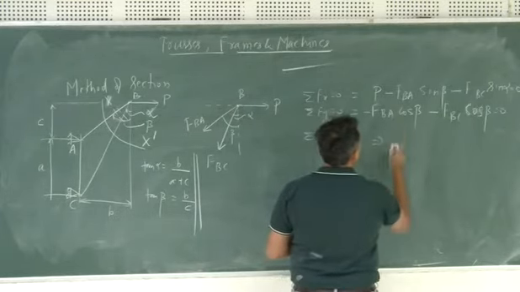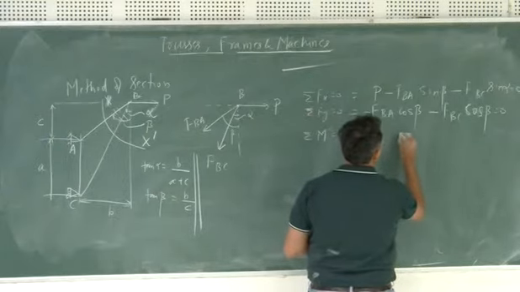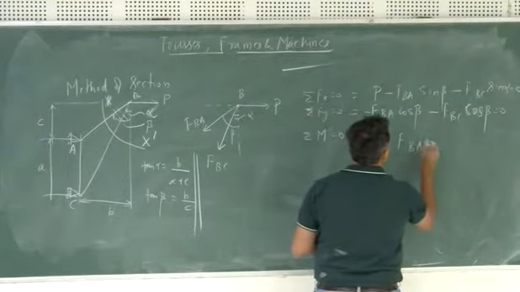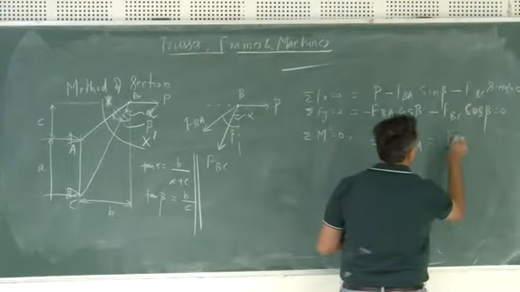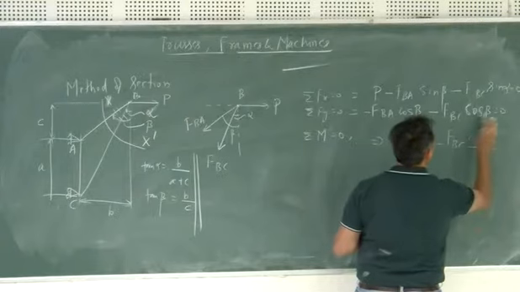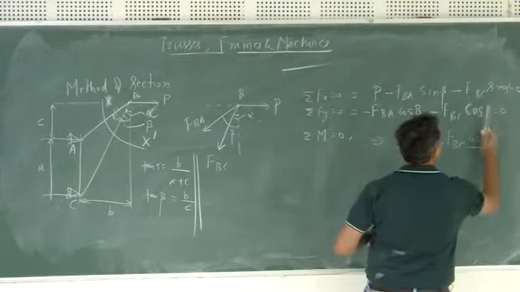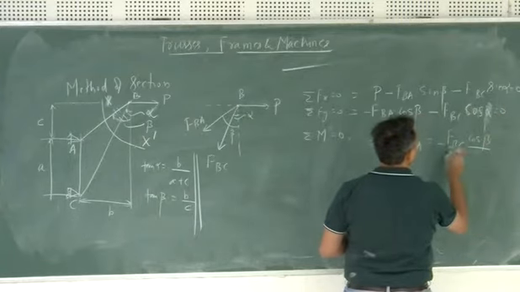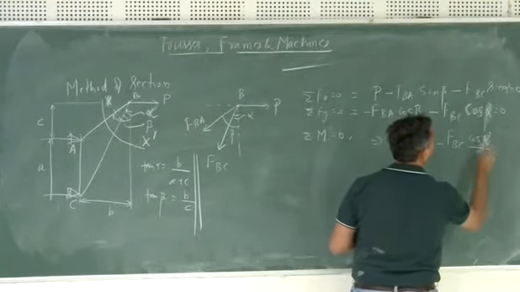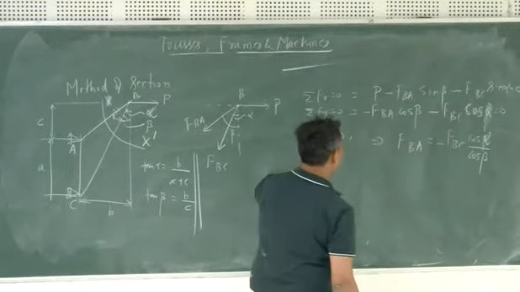So here FBA is given by P over sine beta.